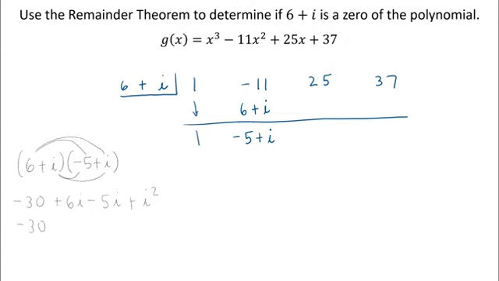We can combine the 6i minus 5i into plus i, and we still have plus i squared. But remember, i squared is just negative 1. So we have negative 30 plus i, and the i squared is a minus 1, which gives us negative 31 plus i.